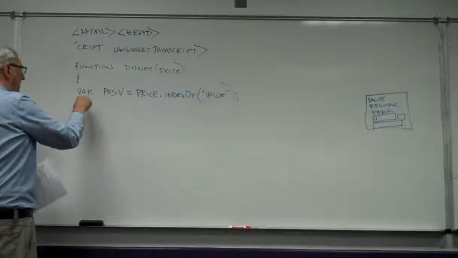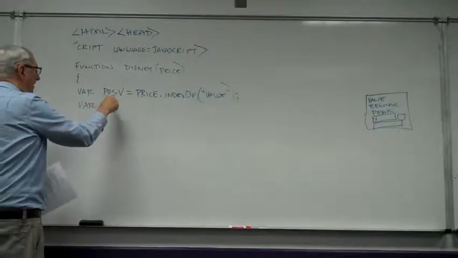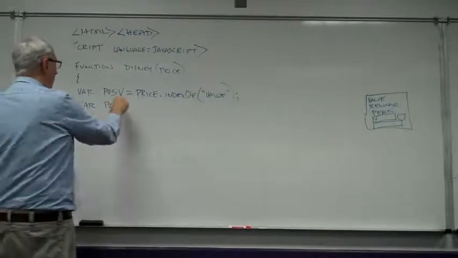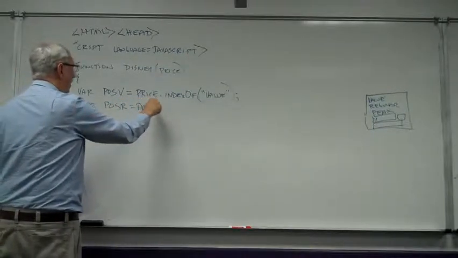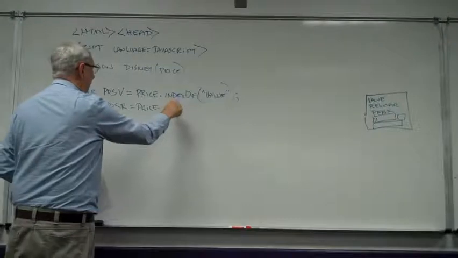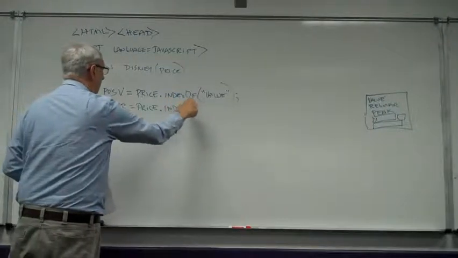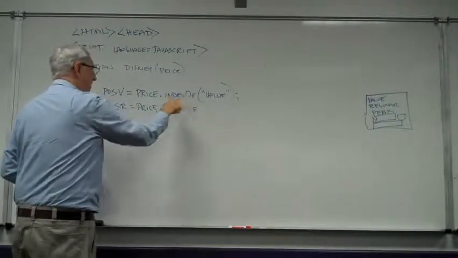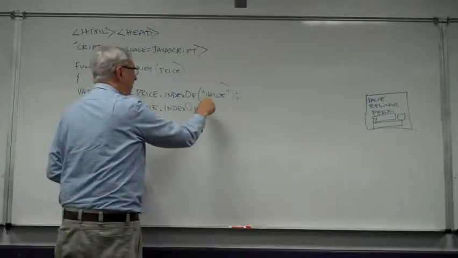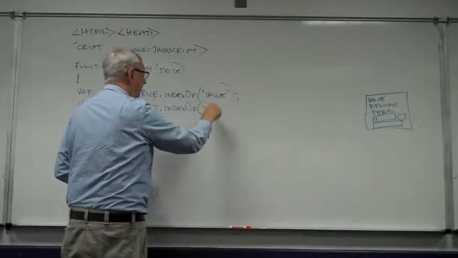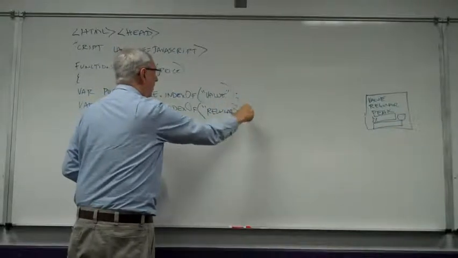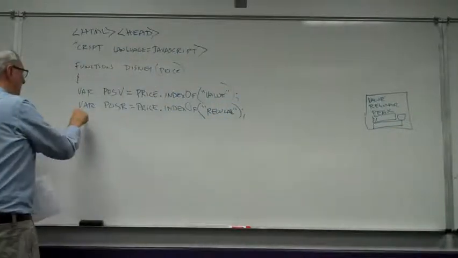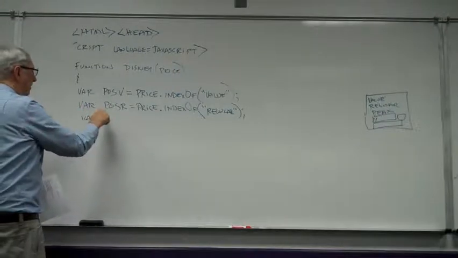Then I say, well, what about this other thing here? I'm going to use R equals price dot indexOf. Don't forget, the O is capital, all the rest are lowercase. Quote, regular. Then, did I find peak?